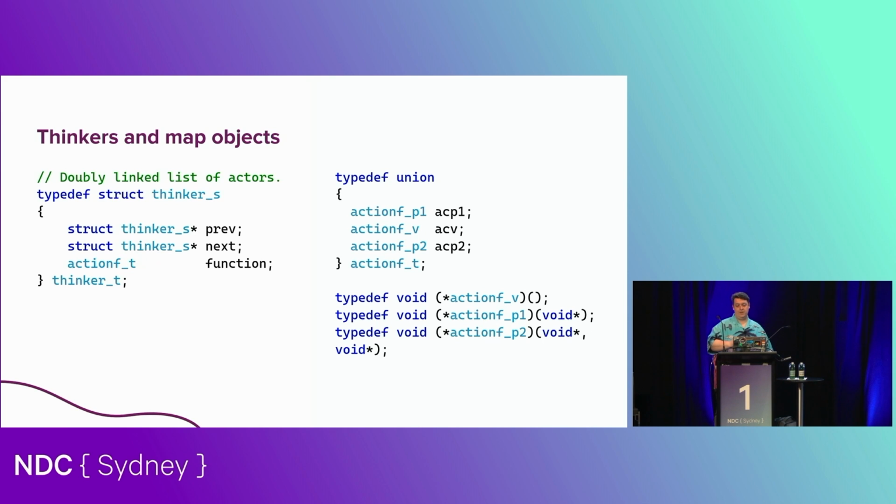And a union means it can be anything within that union. So that action could be a simple method with no parameters. It could be a method with one void star parameter, and void star means anything you want. Or it could be a method with two void star parameters, even worse, two things that can be anything they want.